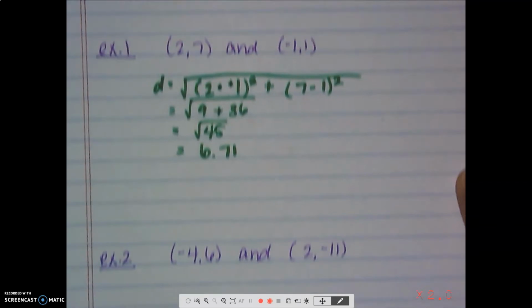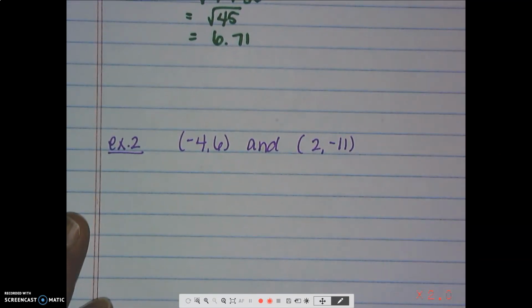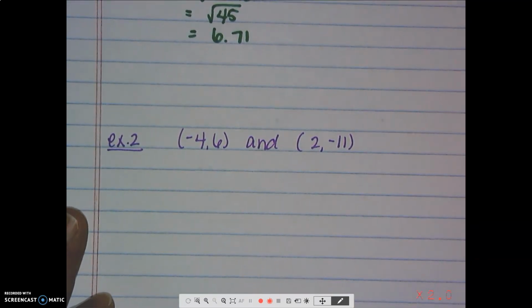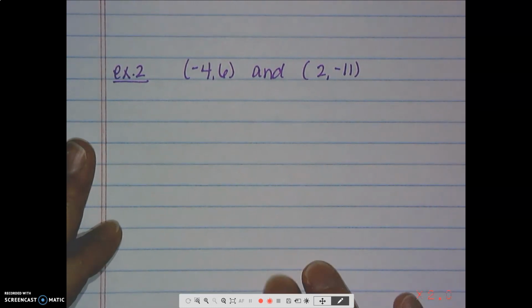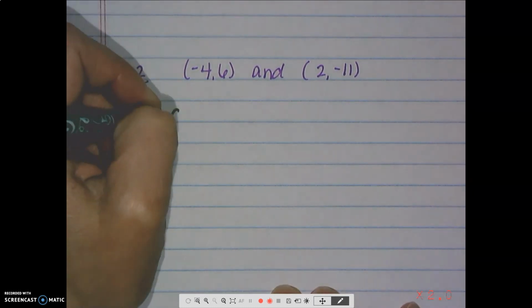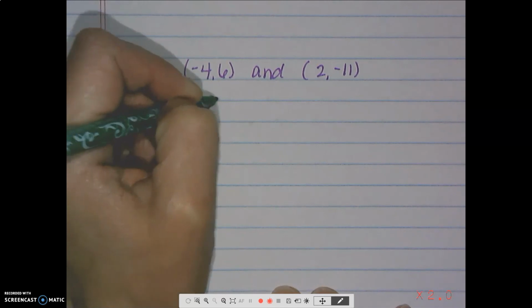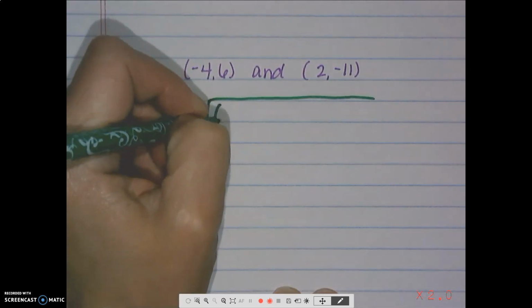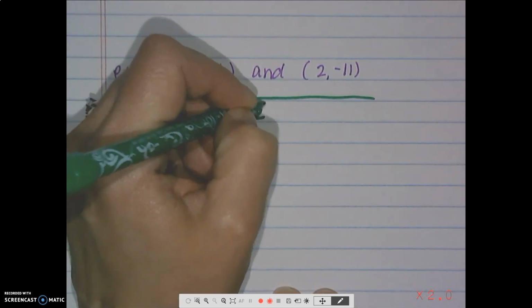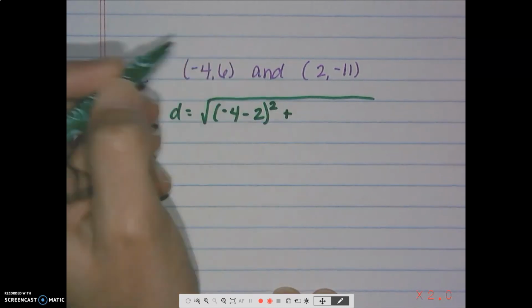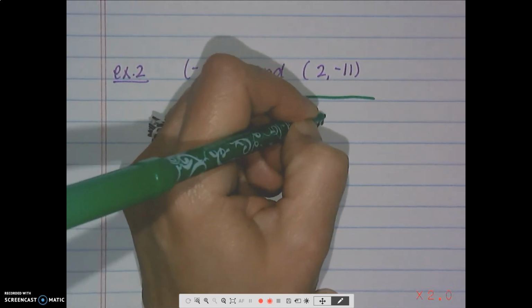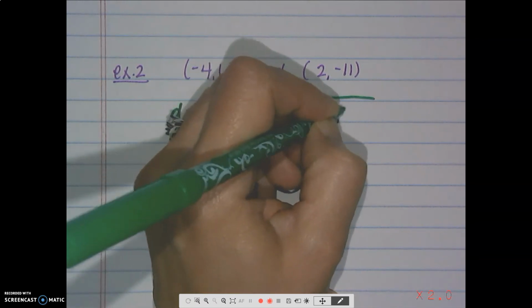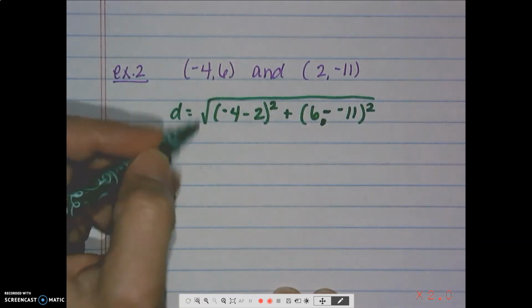All right, so then let's do one more. We have the points (negative 4, 6) and (2, negative 11). Again, we're going to find the distance between those. So negative 4 minus 2, squared, plus 6 minus negative 11, squared.